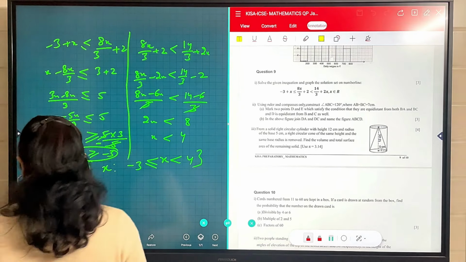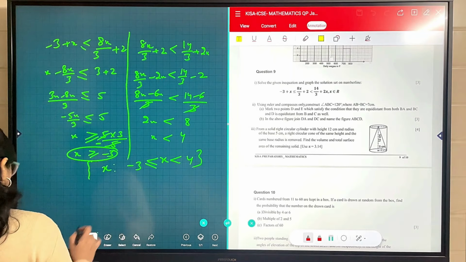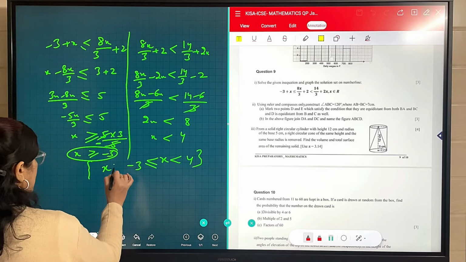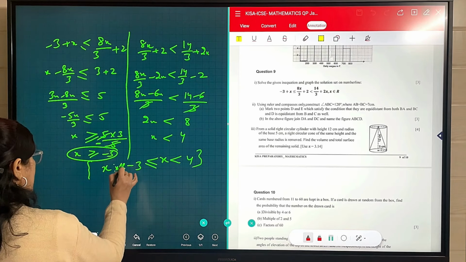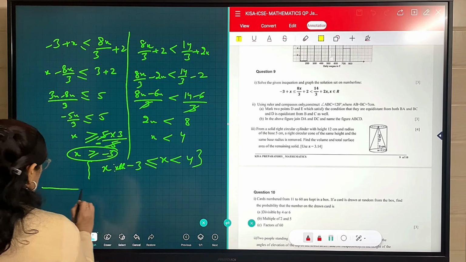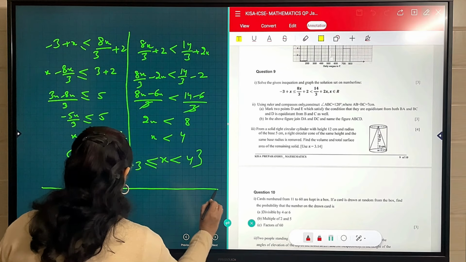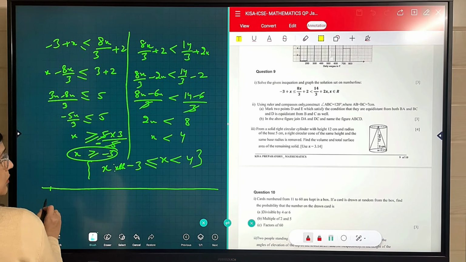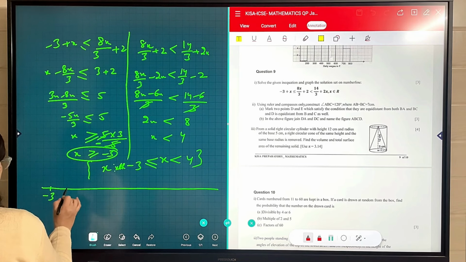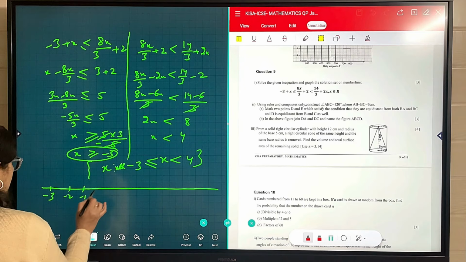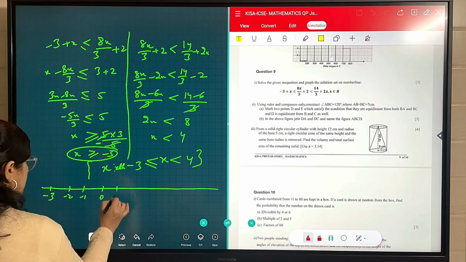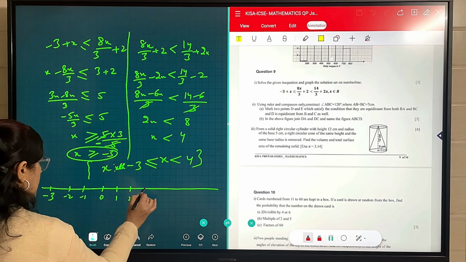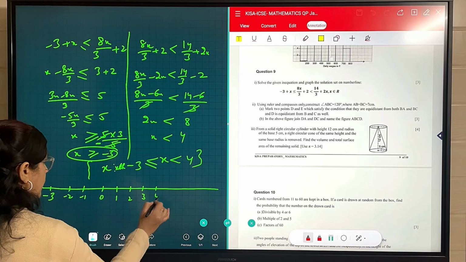Now we have to show it on the number line also. So x is such that x belongs to real numbers; we have to also mention real numbers, and on the number line you have to show it properly. Like if this is your minus 3, then minus 2, minus 1, 0, 1, 2, 3, 4.